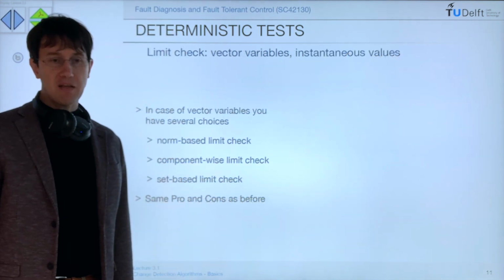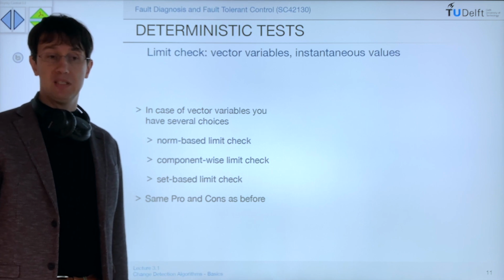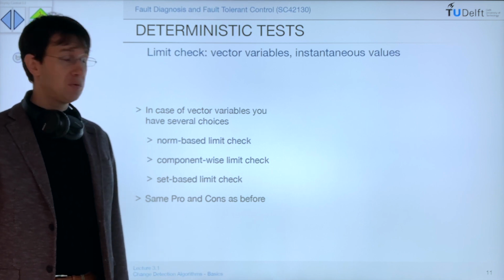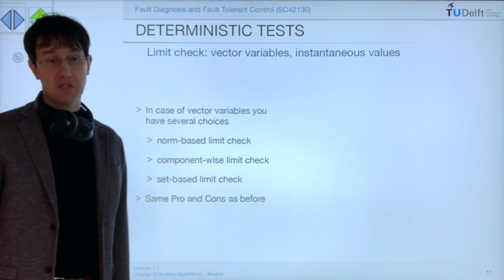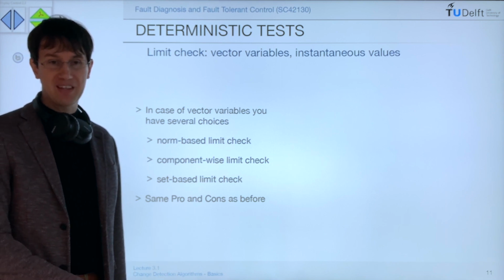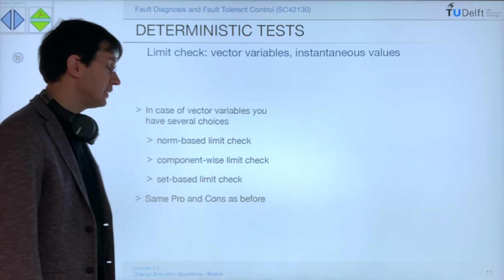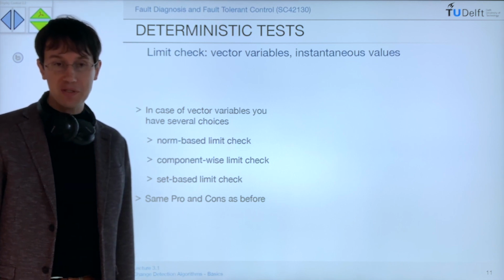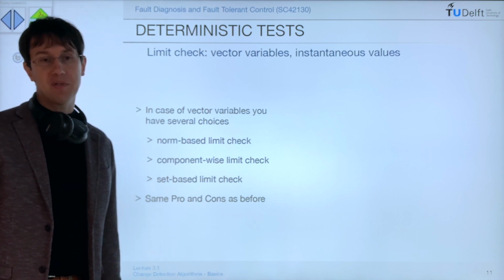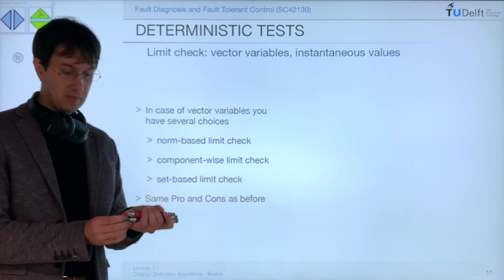So in general, if you have a vector, there are different ways to apply the evaluation function to it. One way, as we have just shown, is to apply the norm to your vector, and then your limit check is based on the norm.